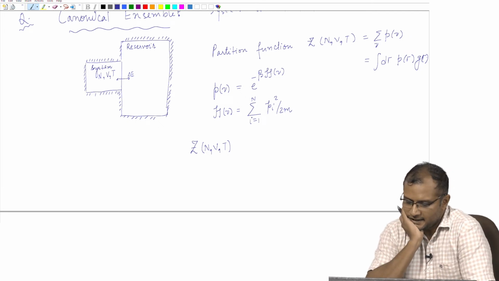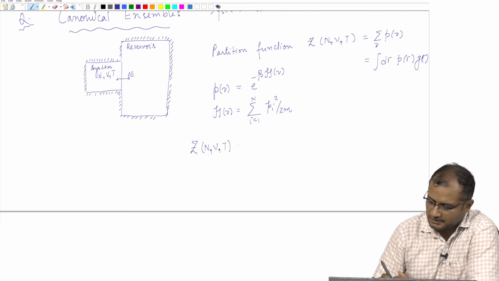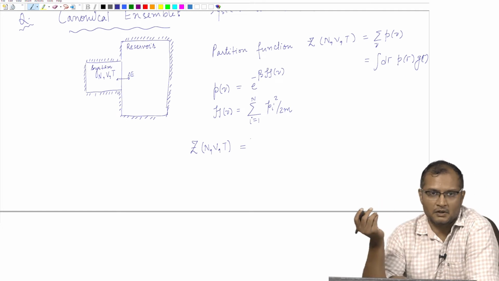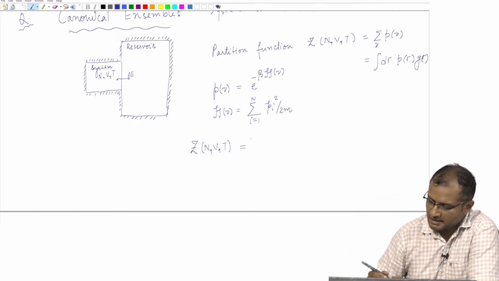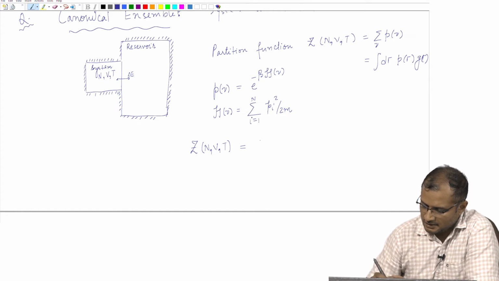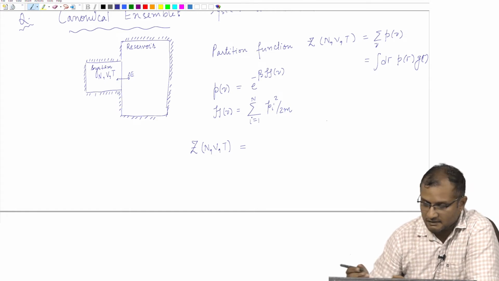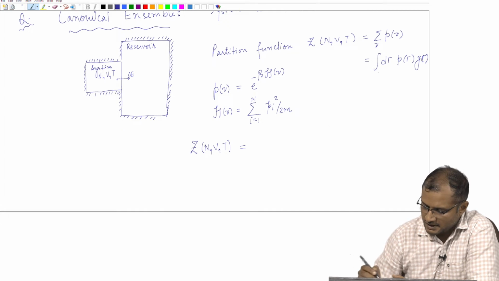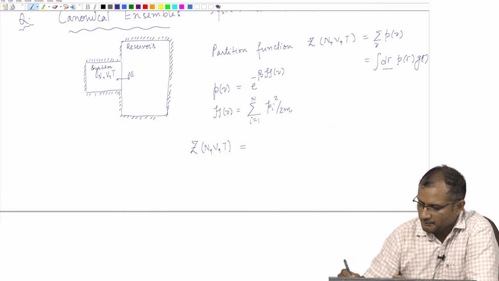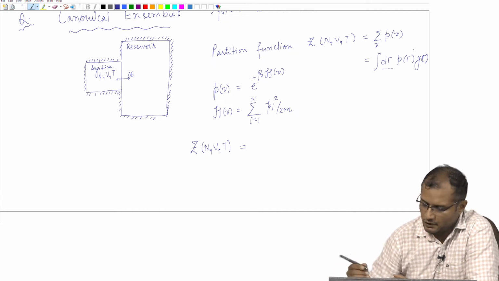So, then I have to compute the partition function by a continuous representation, and under such a setting the phase space integral is over d gamma, which is the phase space volume.